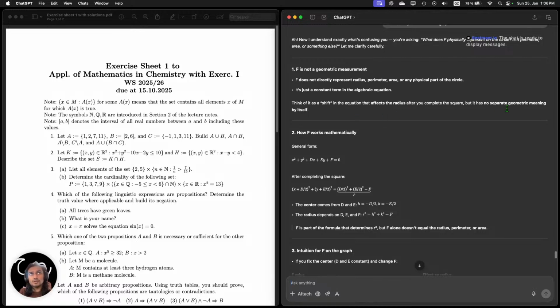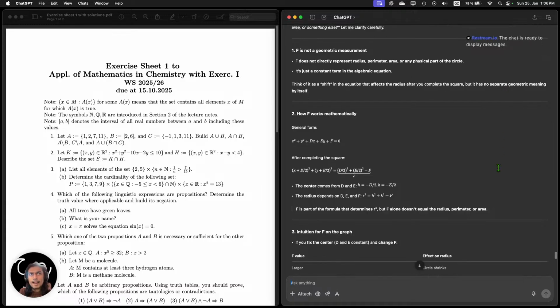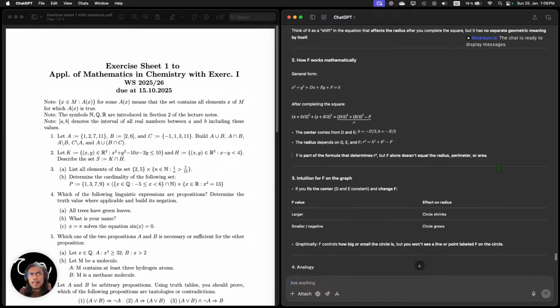But it has no separate geometric meaning by itself. F is related to the radius, but it does not have to do anything with the circle, so it serves the purpose of being a constant.